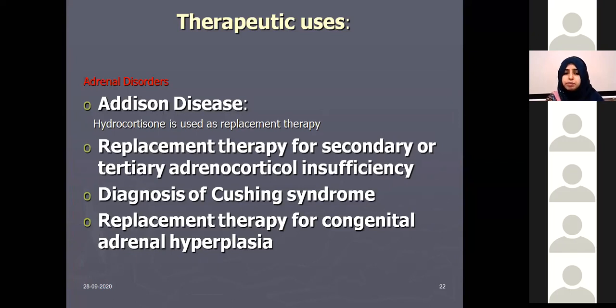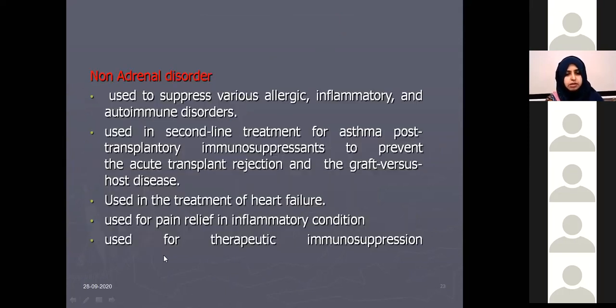Adrenal disorders include Addison's disease, where it can be given as replacement therapy, replacement therapy for secondary or tertiary adrenocortical insufficiency, also for the diagnosis of Cushing syndrome, and replacement therapy for congenital adrenal hyperplasia.